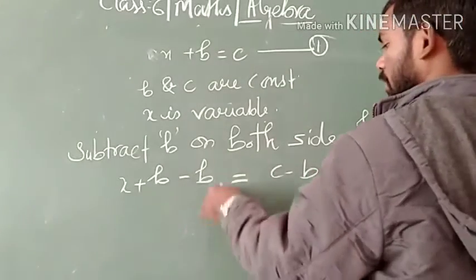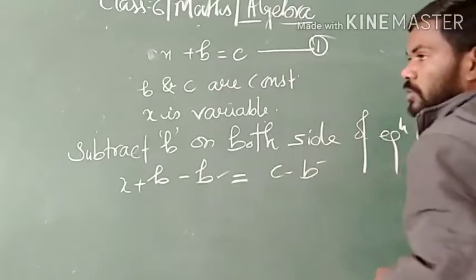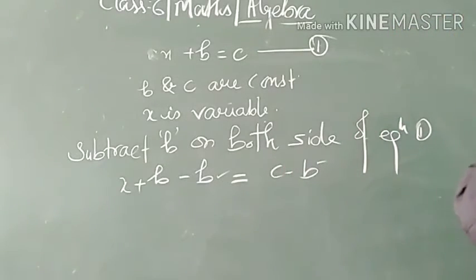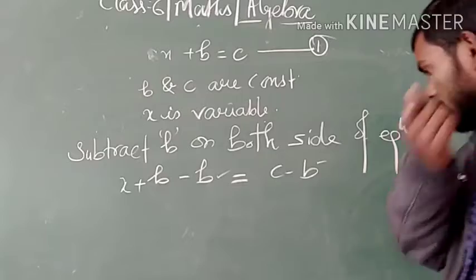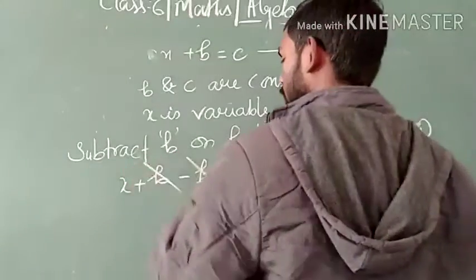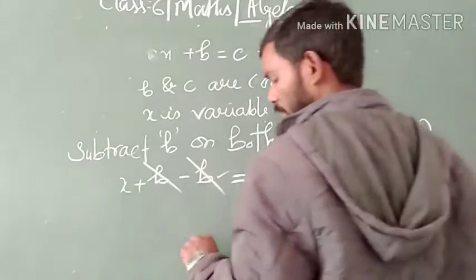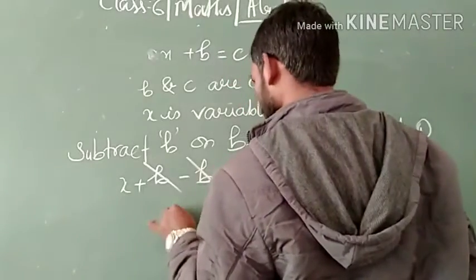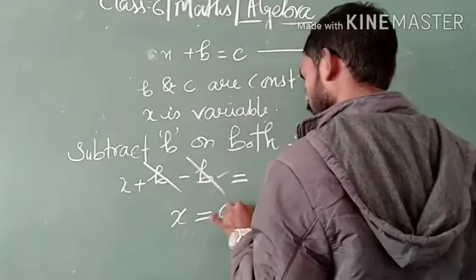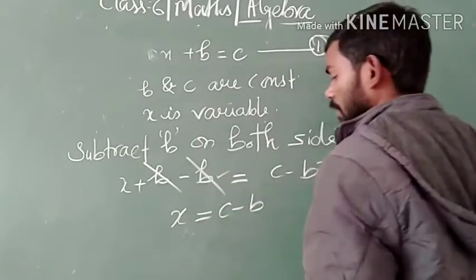Here you can see that on both sides we have subtracted b. Now these become cancelled out and at last we get x is equal to c minus b.